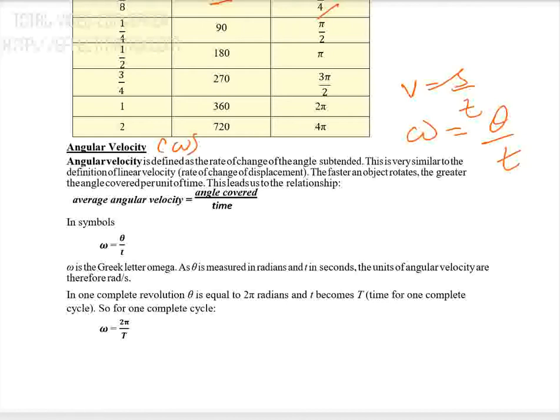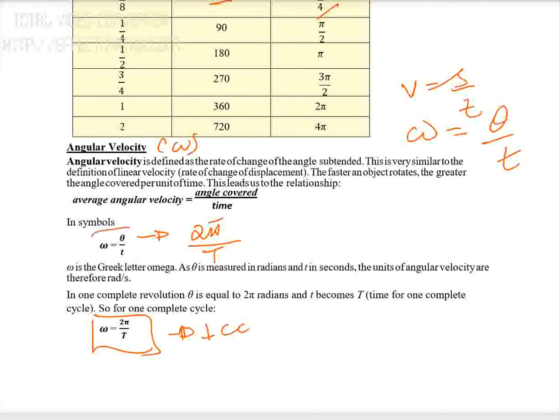But if it is one complete cycle, the covered angle theta for one complete cycle is how much? It's 2 pi radians. And for one complete cycle, the time is expressed as time period, capital T. Therefore, the equation becomes 2 pi over T. This one is for one complete cycle.